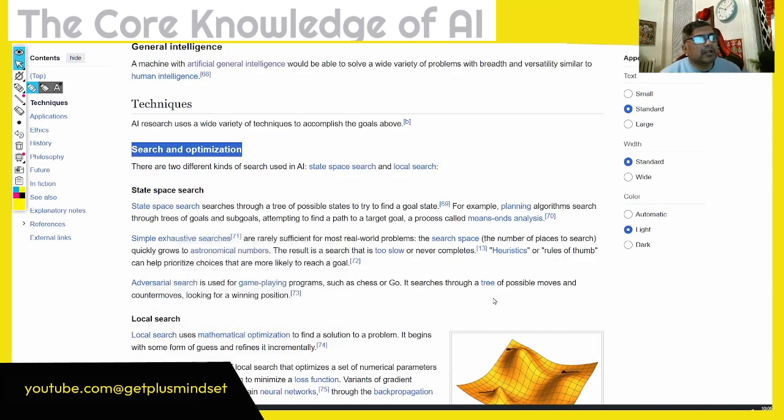When you are dealing with a huge amount of data, how do you make the search more efficient? Because at the end of the day, when you are generating some content, you are doing a search and you want to get the right information very quickly.